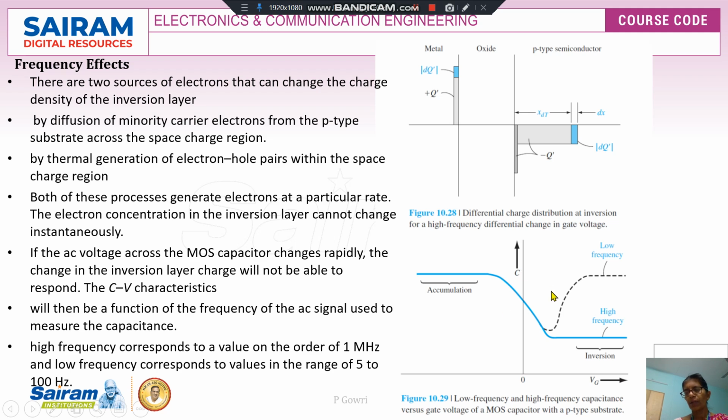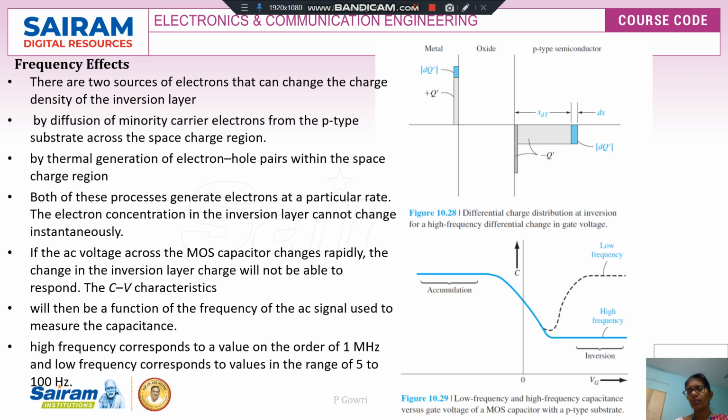At low frequency, the change in the voltage results in an equivalent change in the capacitance. But the high frequency capacitance will not have an immediate effect, and it remains constant even if the voltage is increased.